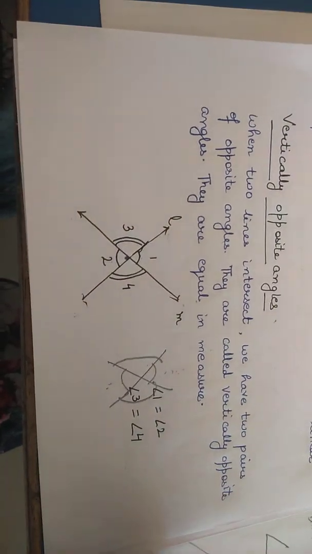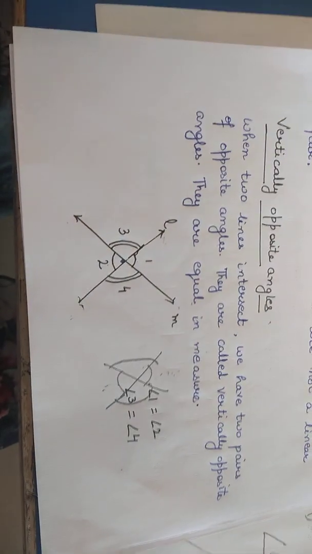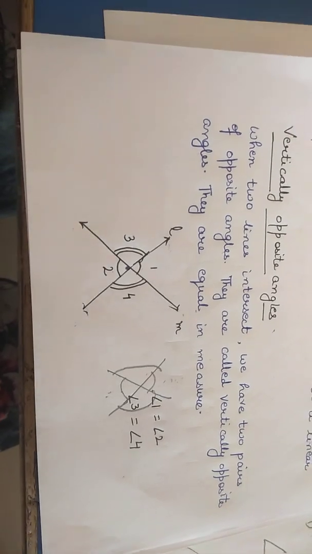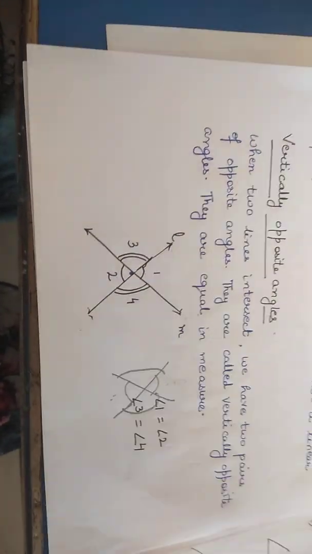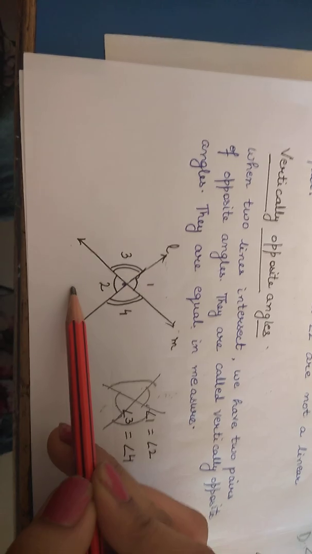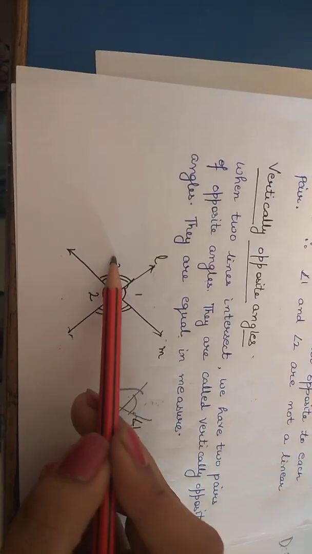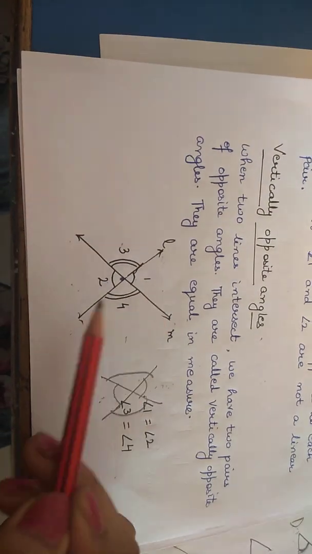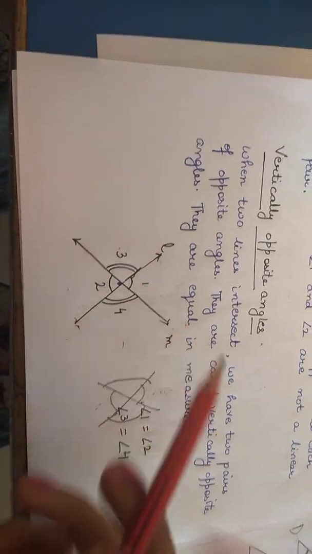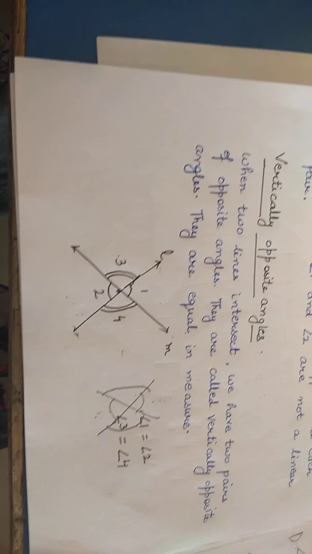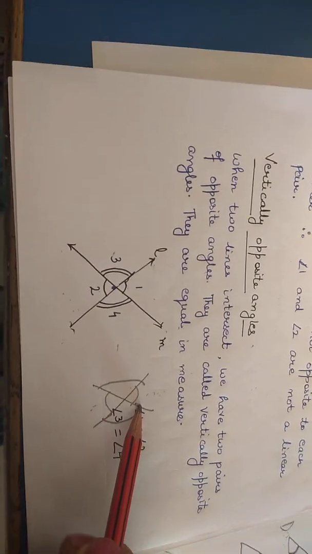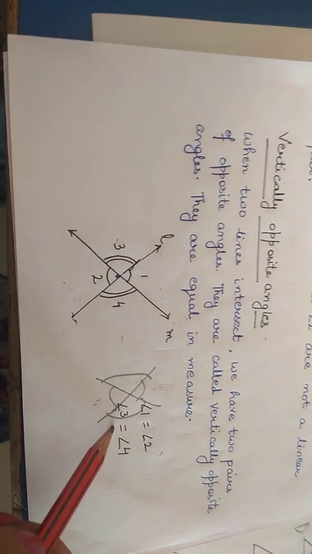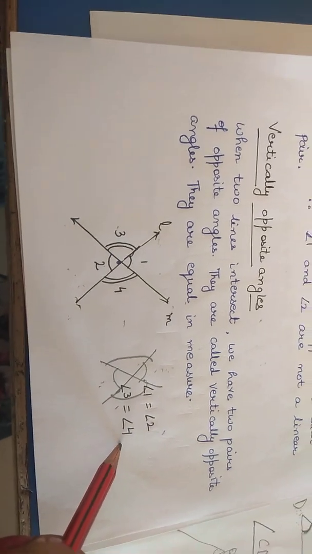How many pairs of opposite angles are formed? Two pairs are formed. One pair is angle 1 and angle 2, and the other pair is angle 3 and angle 4. These opposite pairs of angles are always equal to each other. So angle 1 is always equal to angle 2, and angle 3 is always equal to angle 4.